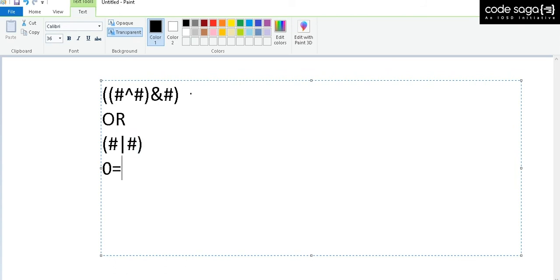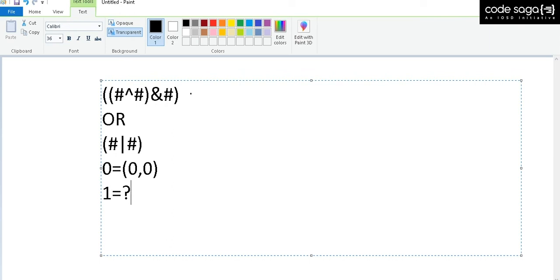So 0 will be in the case probability of first hash is 0 into probability of second hash is 0. Right, first I'll explain in simpler way that only when both elements are 0 will we get 0 as the output. Now we need to know will 1 be the output.